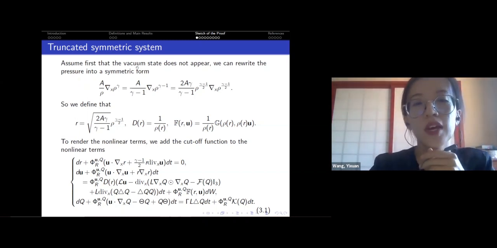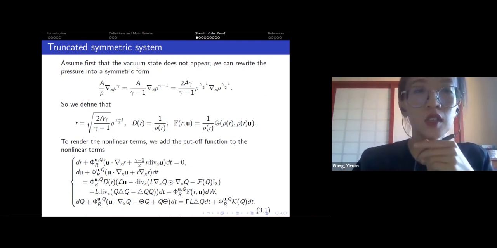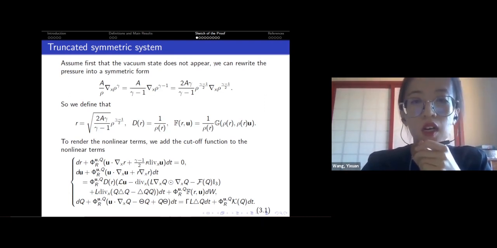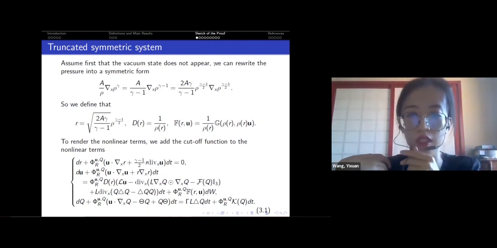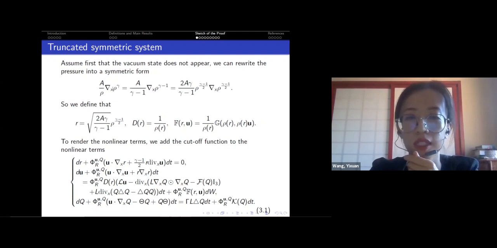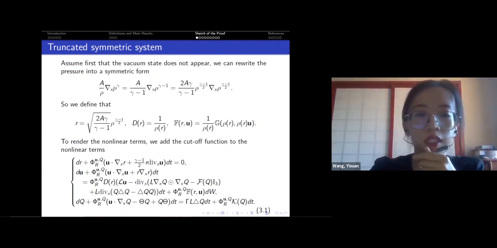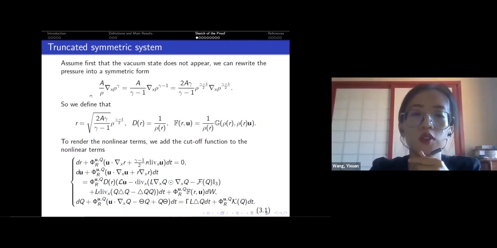Since we have assumed the vacuum state does not appear, we want to write our system as a symmetric system. Like in the Navier-Stokes equation, there is a term ρ^γ with gradient, and we want to write this 1/ρ times gradient of ρ^γ in this form.